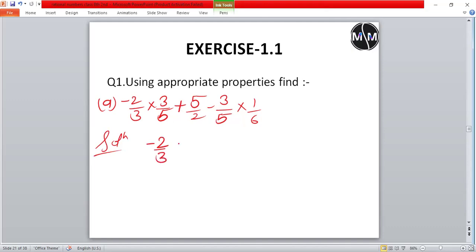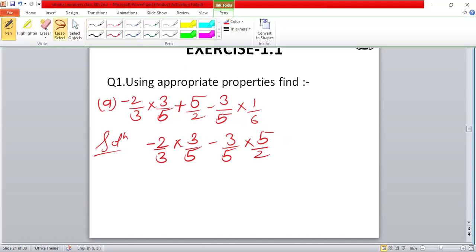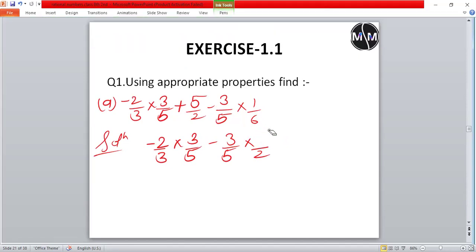Minus 2 by 3 multiply 3 by 5 and minus 3 by 5 multiply 1 by 6, then add 5 by 2.